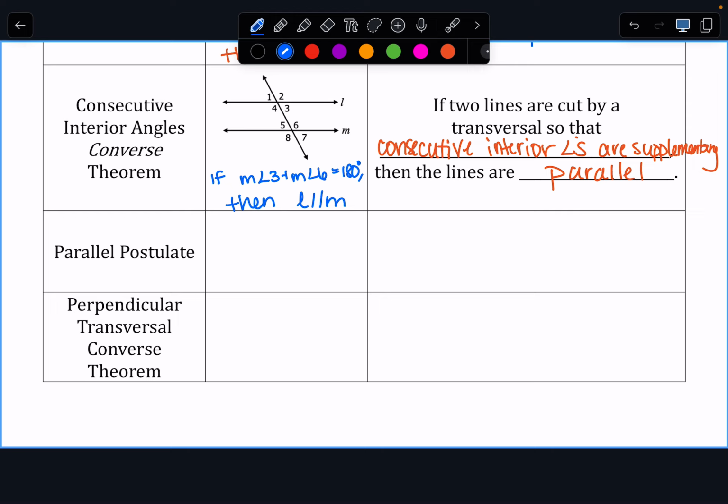Okay. Then a couple things that I just need you to know. Our parallel postulate. So I'll make sure I get my words right.